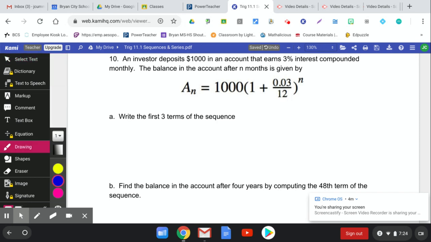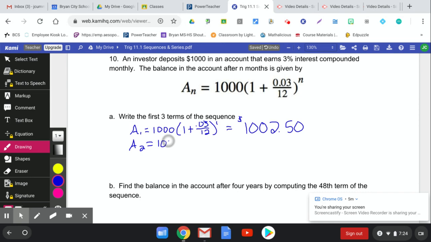All right, so to find the first term, we're doing 1,000 times 1 plus 0.03 divided by 12 to the first. So after 1 month, we have, I'm going to need a calculator for this, definitely, $1,002.50.